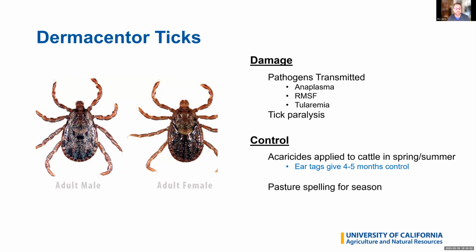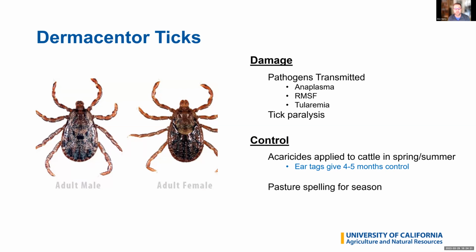As they inject their salivary components into the animal host in order to keep the blood flowing, some of those salivary components interact with the body of the host and can cause paralysis of the host, whether the host is human or cattle or deer or elk, for example. This has been seen many times in a number of different species of these wood ticks.